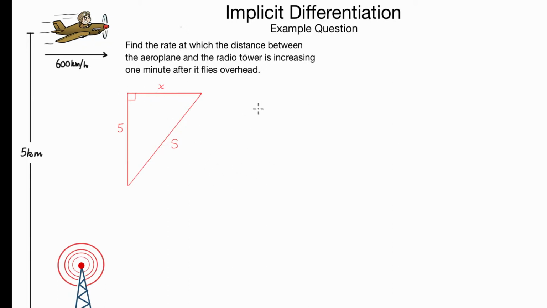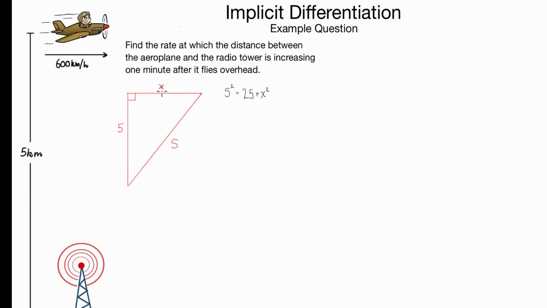So we can start off by creating a formula which defines our S in terms of X. So we have S squared equals 25, which is 5 squared, plus X squared. Cool. And we've got this X term.